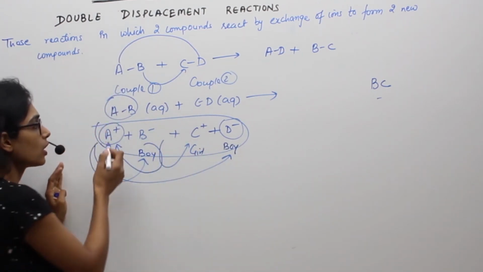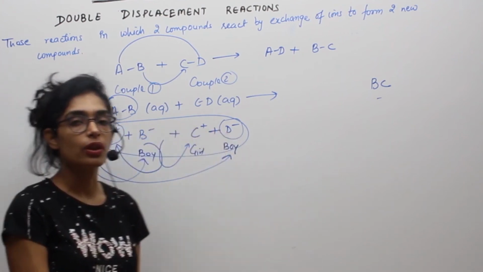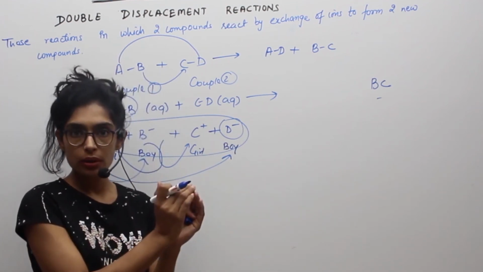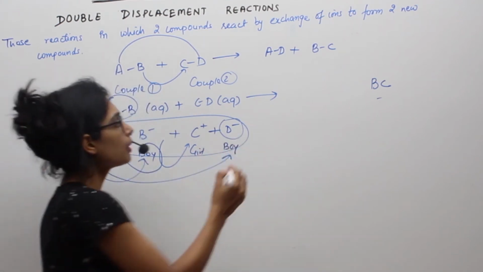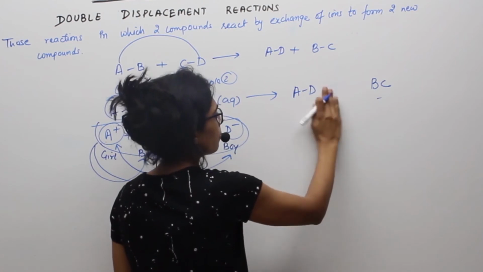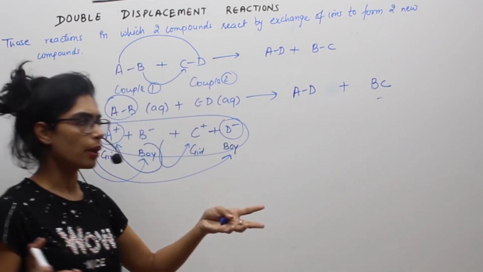So now what is left? A is a girl, D is a boy, now left with nothing because their original partners have left them and made a bond and become the new pair. They may also combine and become a new pair, but it's not necessary. They may stay individually or they may become a pair.